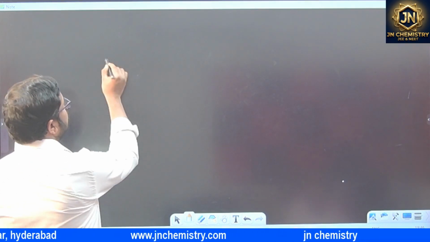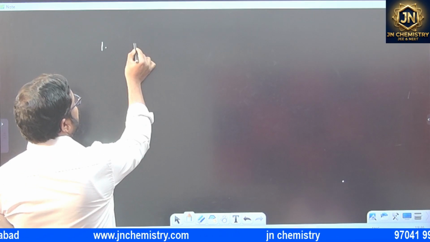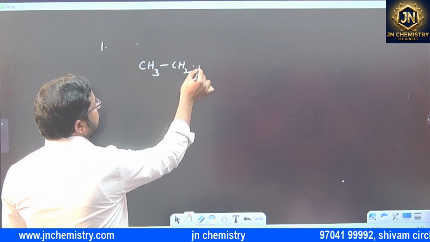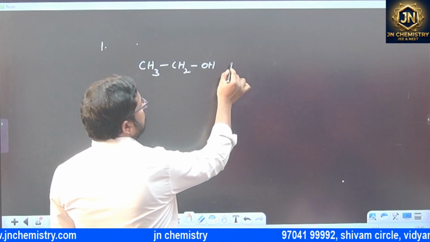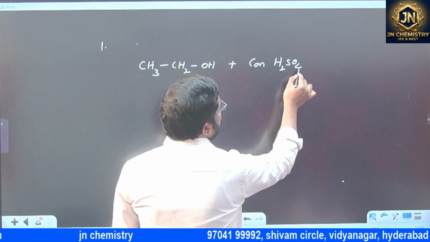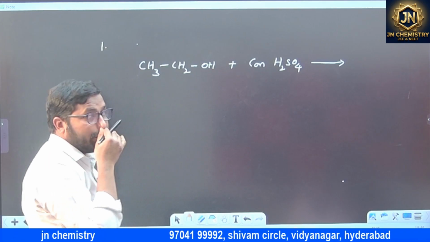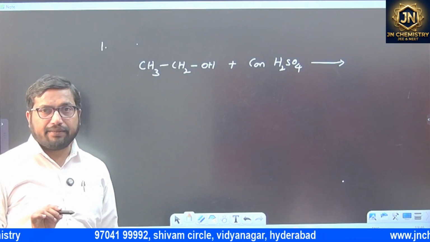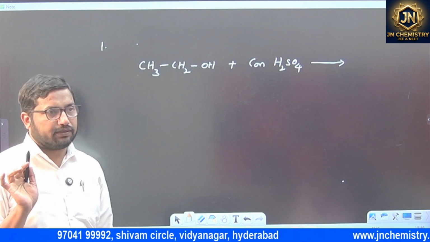In alcohols, a carbocation forms, so first I will explain the mechanism. CH3CH2OH with concentrated H2SO4. Whenever a carbocation is forming, it is an intermediate, so rearrangements are possible.